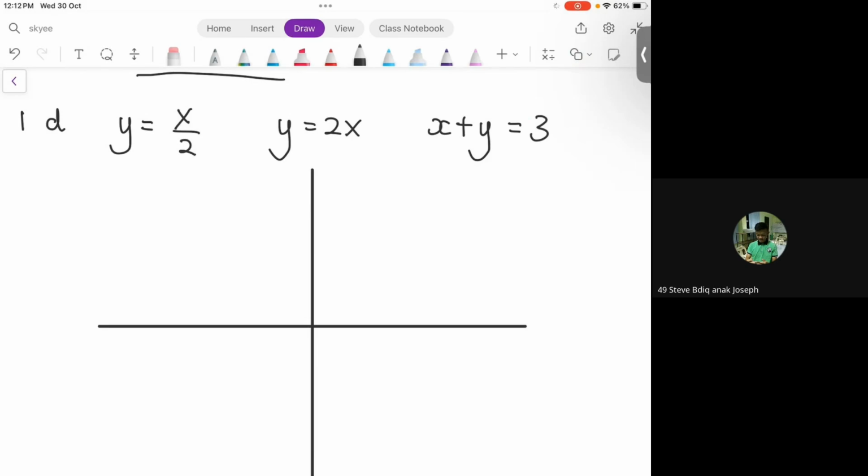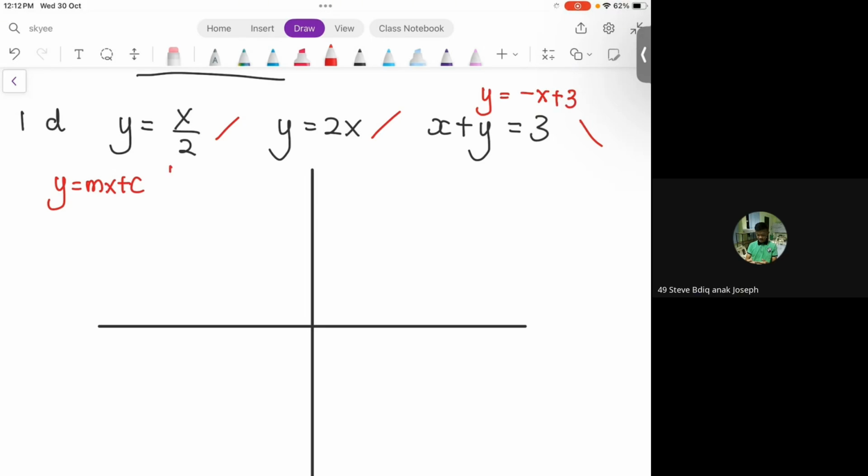By using y equals to mx plus c, you can know that this graph is going up. This graph is also going up. And if you rewrite this one, y equals to negative x plus 3, this graph is going down.